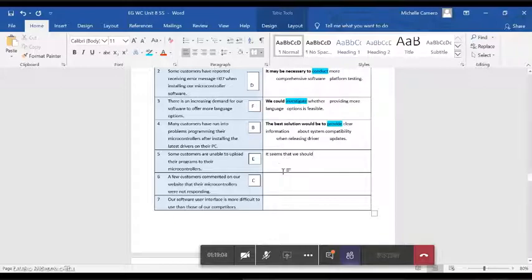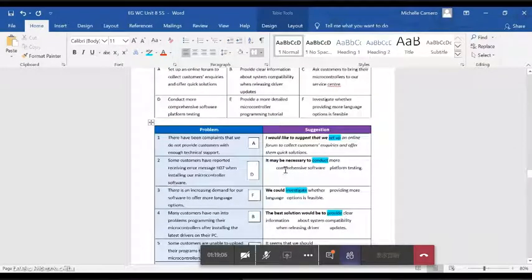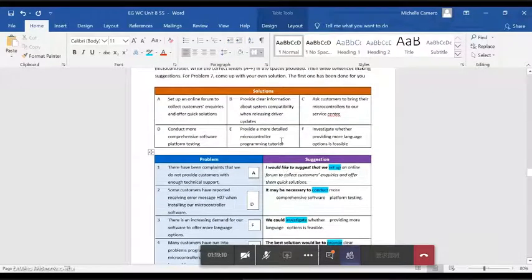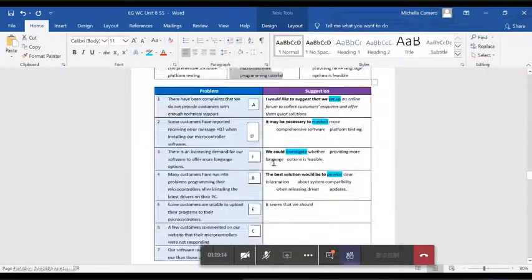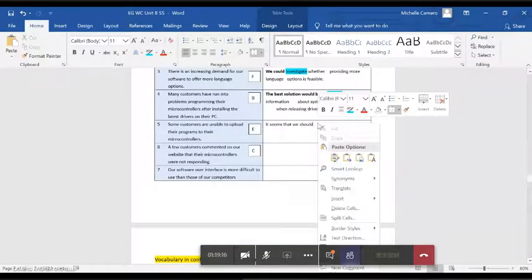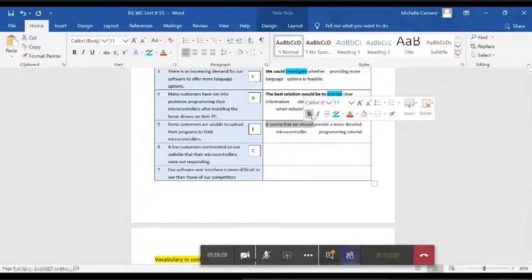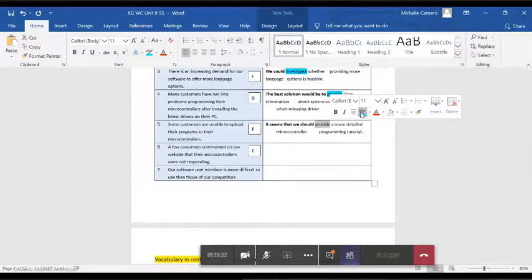It seems that we should, and then we can use E, so provide a more detailed microcontroller tutorial. Okay, again, we need to make that a little p and add a full stop. The phrase we used is "it seems that we should," and then you follow it with a verb here.